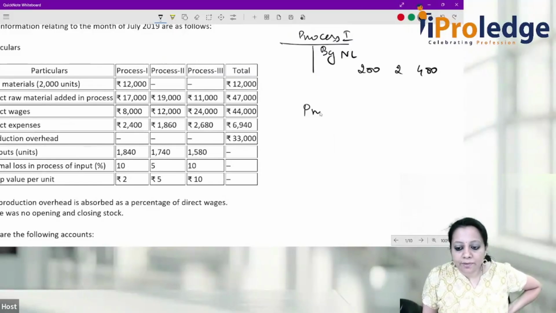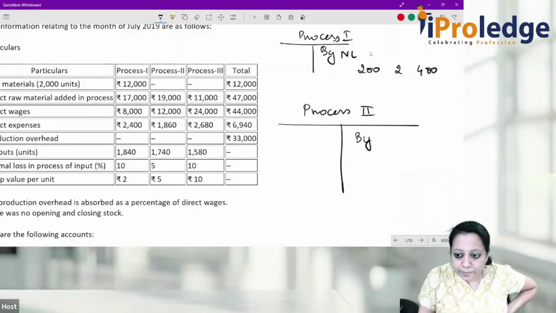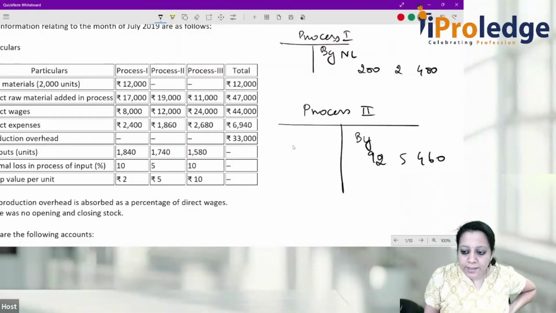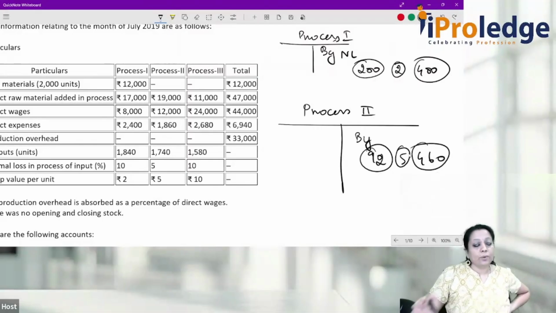Then for process 2, by normal loss, what was the quantity? 92, 5 and 460. So this is the quantity, this is the price, and this is the amount. All this we have done yesterday. Only normal loss account we are going to do now.